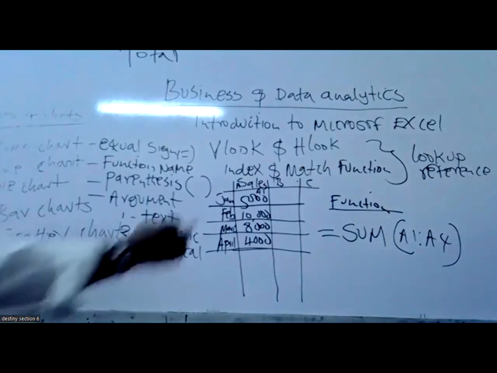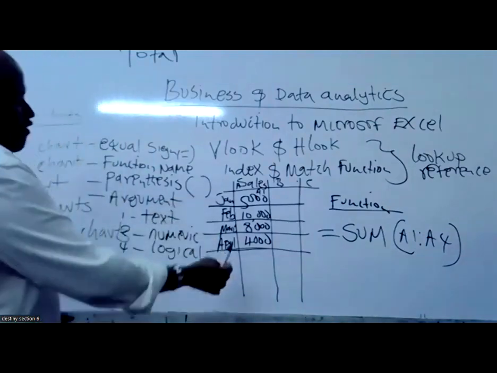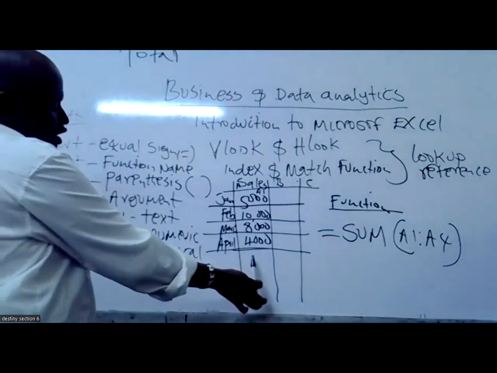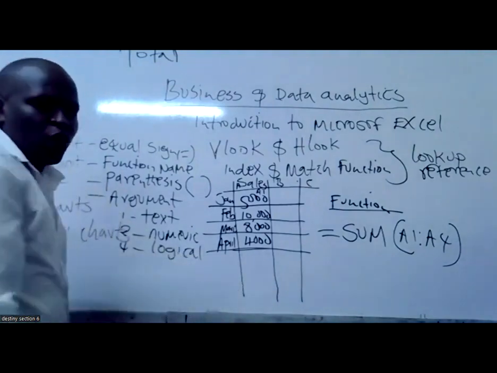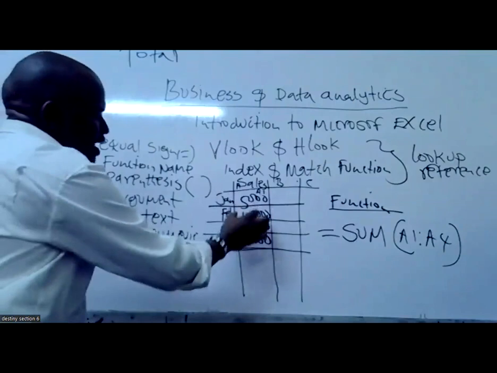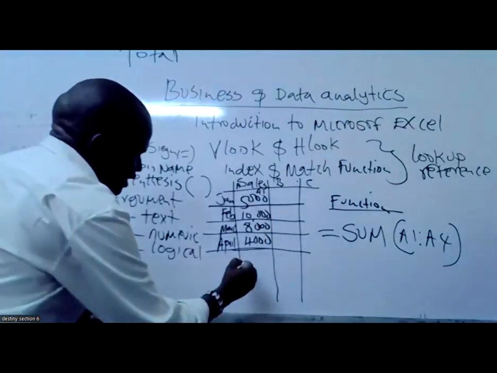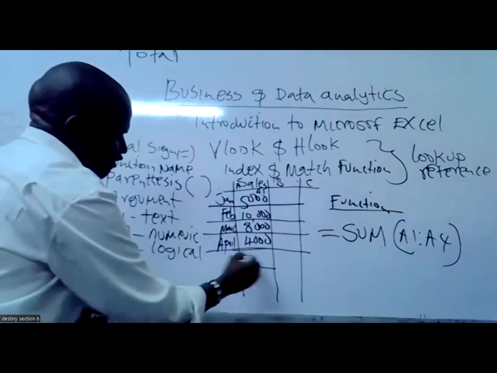If I close the parentheses here now, I'll be having the totals here. So this one will be my precedence. If I click the total, let us assume that we get a figure here.